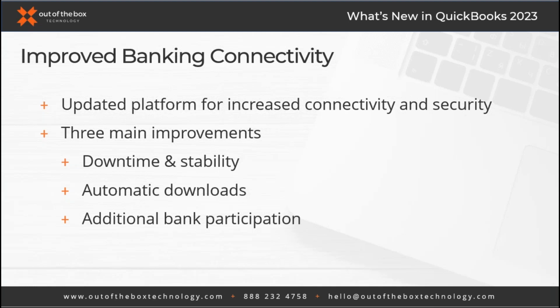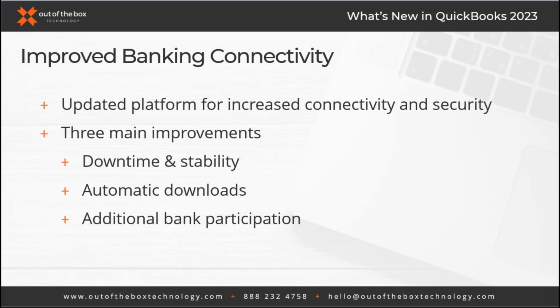So the improved banking connectivity, what's awesome for this is they've updated and improved the banking access on a platform that can handle the connectivity and security challenges that we face right now. Everyone knows that there's breaches all the time, so they've had to continue to enhance that. So because of the increased banking connectivity, online banking will be improved in 3 ways.